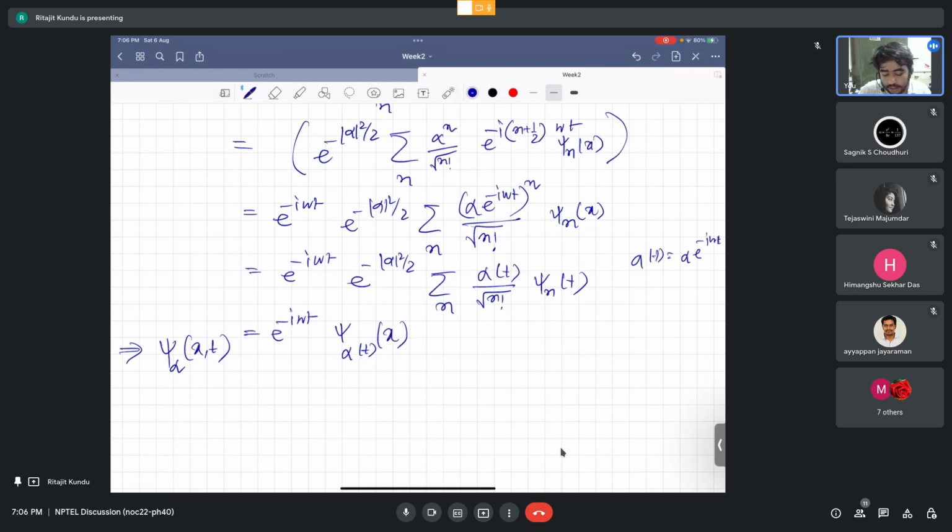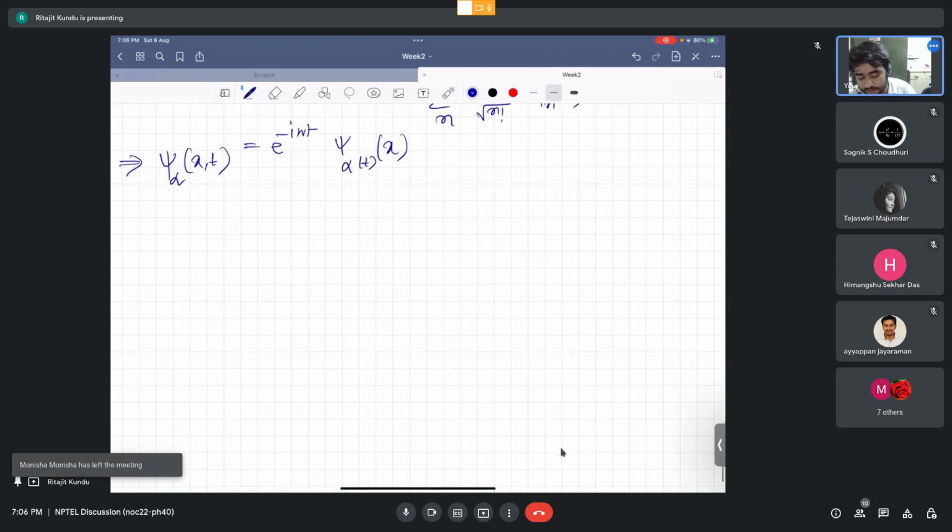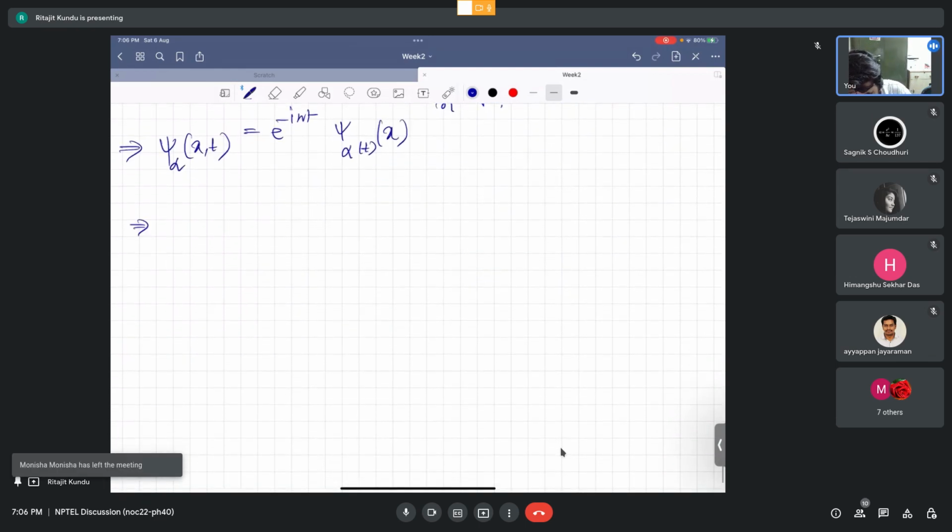The next question is: what is the x average? What is the x average if I take ⟨α|x|α⟩? Before that, let me ask what the average is in this state. Any answer, what is the expectation value of x in this state?